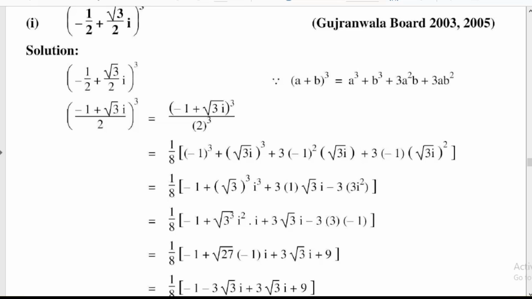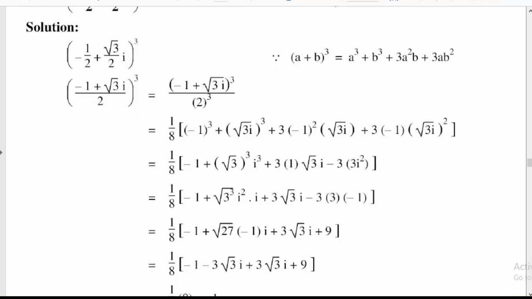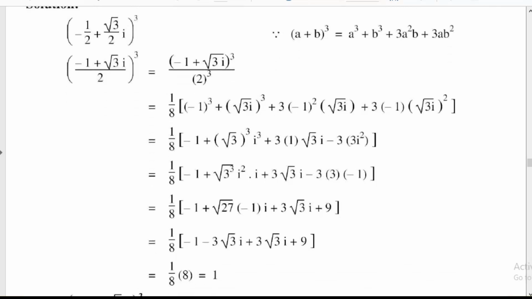So minus, taking the first term, that is -3√3 i plus 3√3 i, plus, minus multiply minus is plus, 3 times 3 is 9. So 3√3 i minus 3√3 i cancel. So 9 minus 1 is equal to 8. 8 multiplied by 1 divided by 8 is equal to 1.